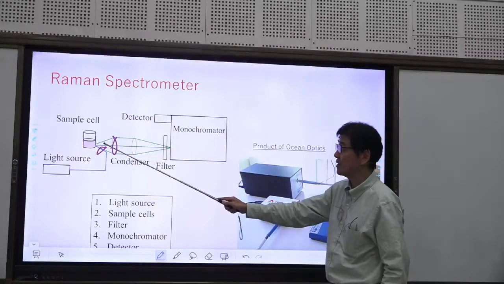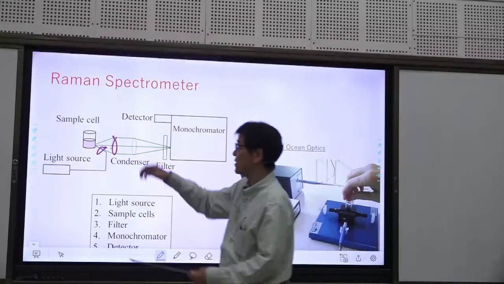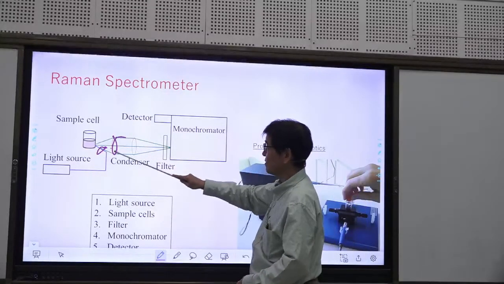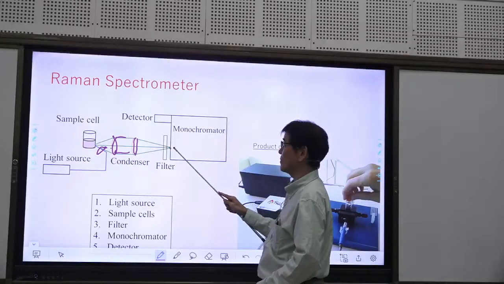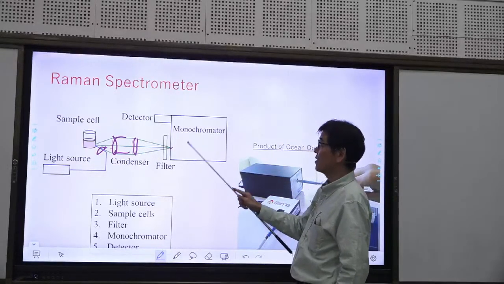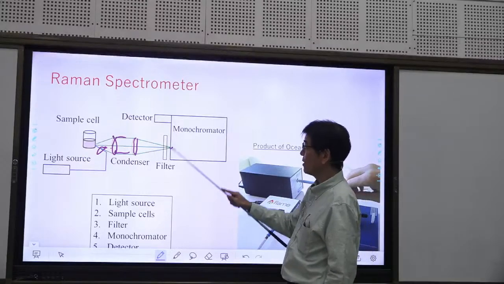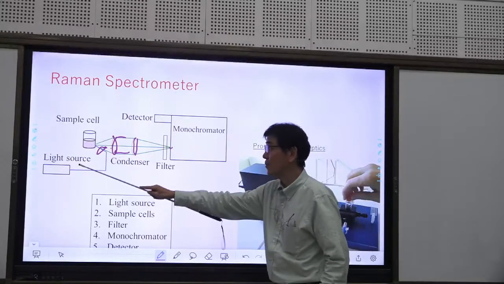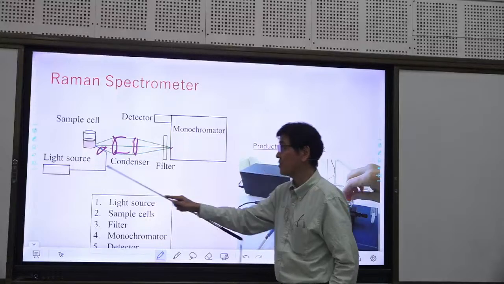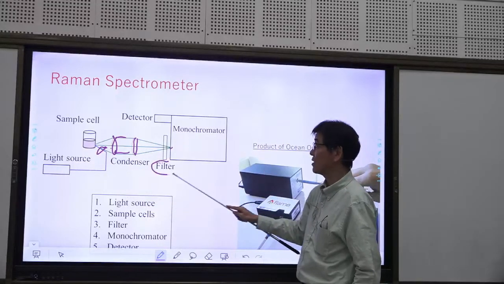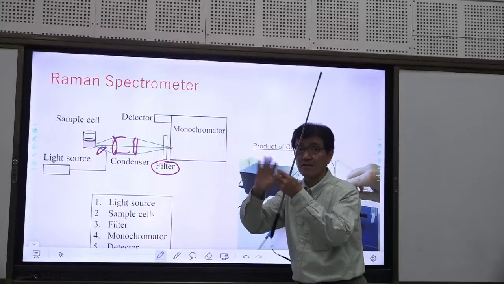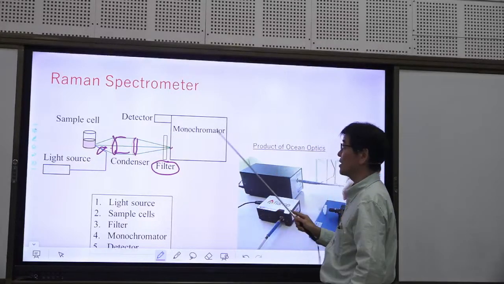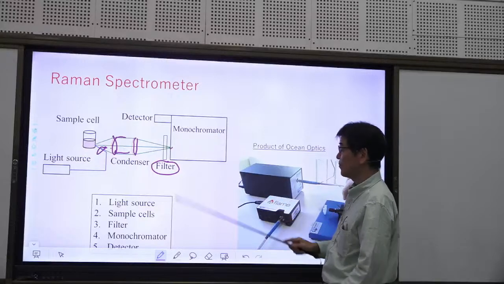Then the diverging light becomes parallel. Then this beam is focused onto the monochromator entrance slit. And the Rayleigh line, or the light source wavelength itself, is cut by the filter. Then the mixture of colors in the scattered light is monochromated and detected.